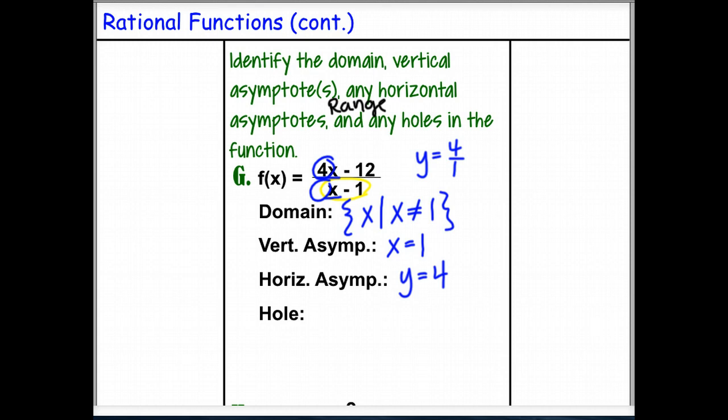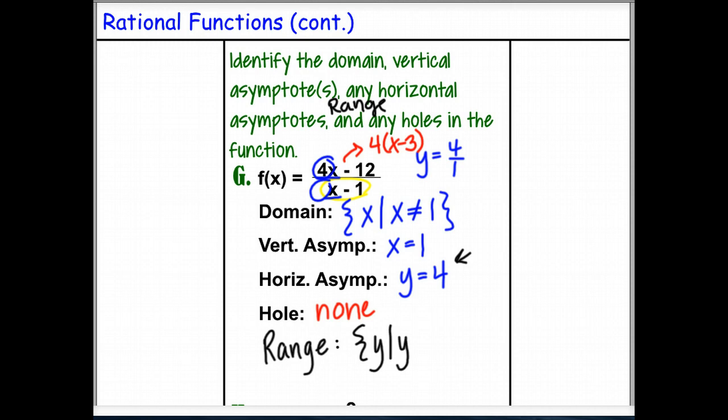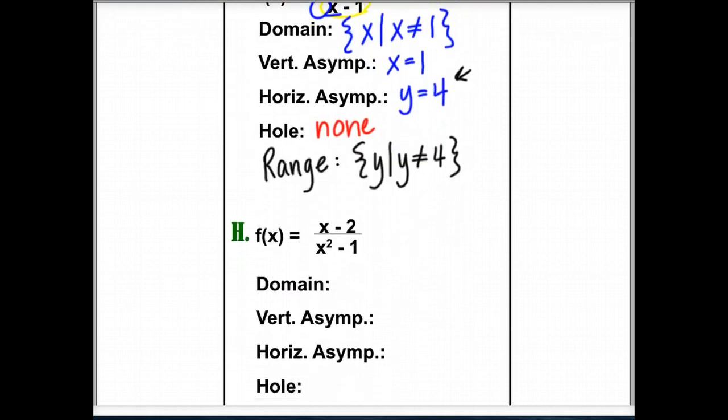Even though I can factor this into 4 times x minus 3, there's nothing that can cancel, so there's no hole, so I'm going to put none. The last piece that I don't have written here is going to be my range. And recall, because the horizontal asymptote is y equals 4, it is all y values such that y does not equal 4.